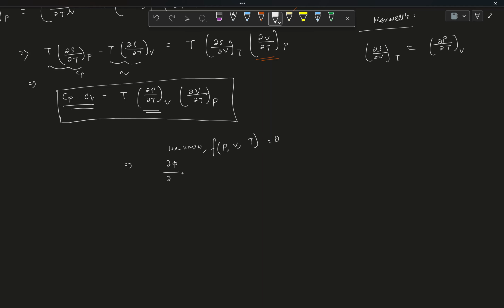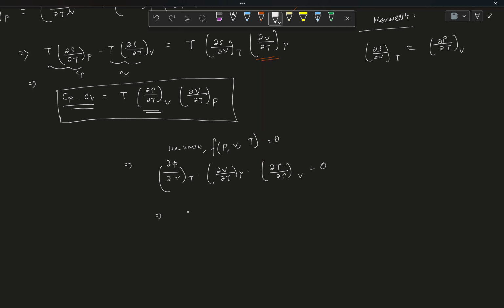So from that you can get del P del V at T constant, del V del T at P constant, del T del P at V constant equal to 0.